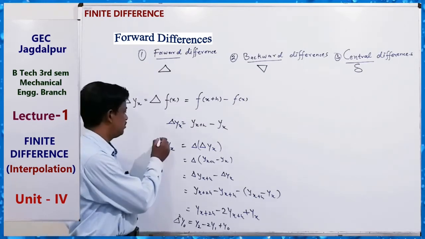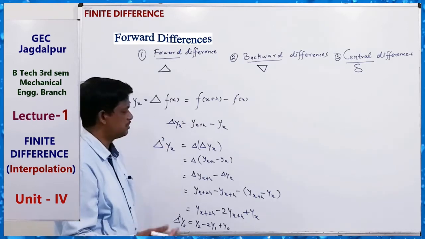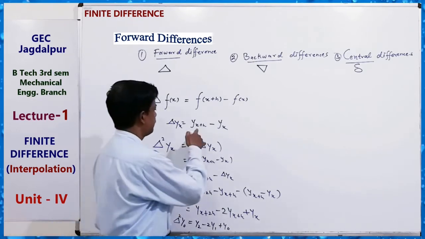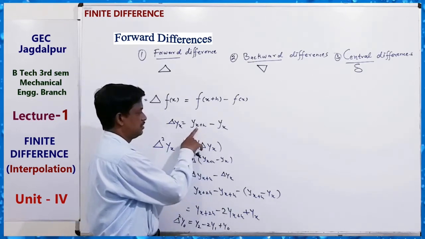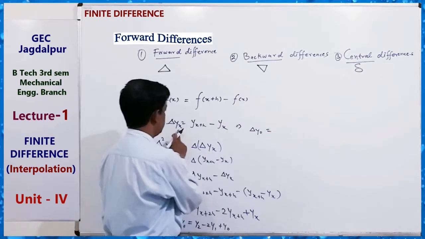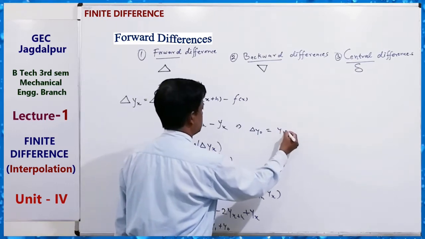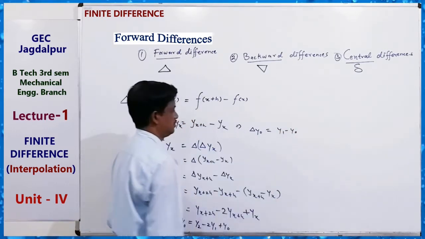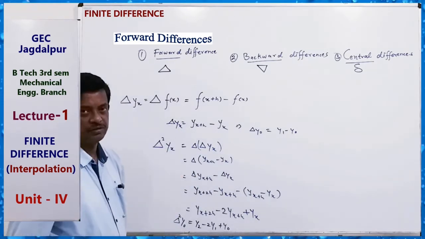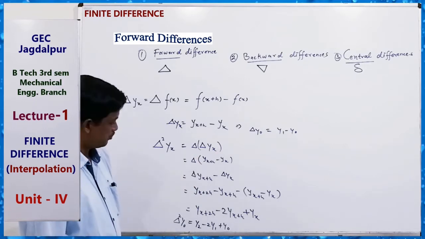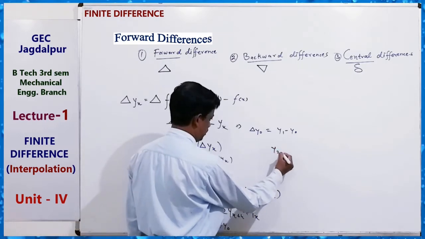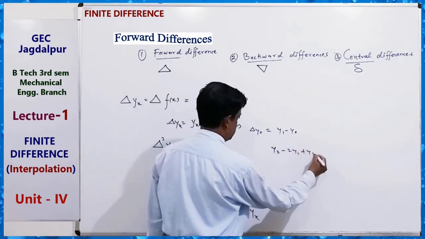Similarly, we can find the third order, fourth order and fifth order differences. The first difference can also be written, if h equals 1, as y1 minus y0. The second order difference is y2 minus 2 y1 plus y0.